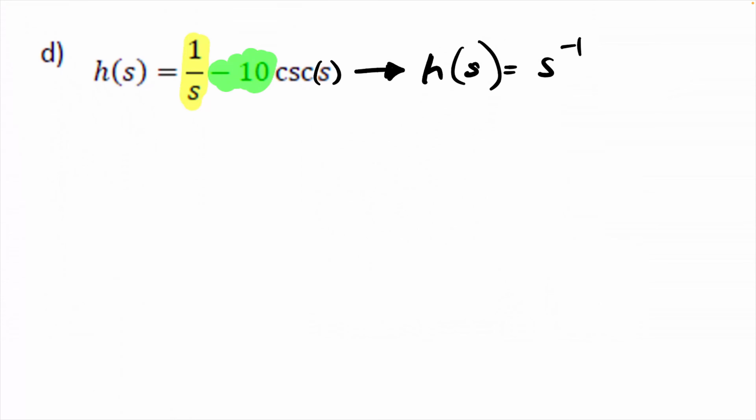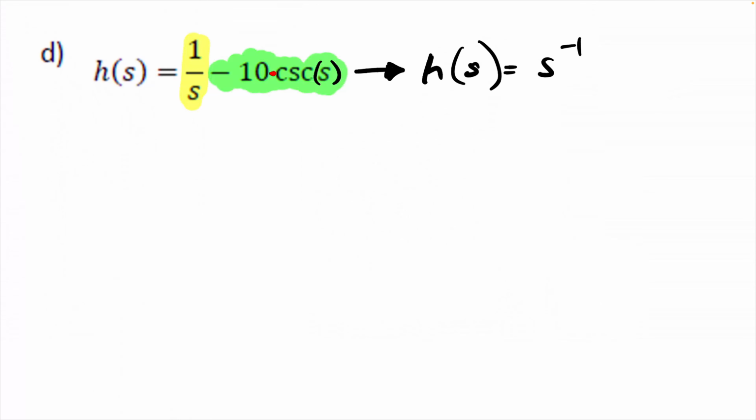Okay, and then I have this, the green part. Do I use quotient or a product rule? Do I have to use the product rule for the green? No, good. This is one of the hardest things for students to get a handle on. They think because you're multiplying here, you have to use the product rule. No, why not? Why can't I just use power rule for this? Because 10 is the coefficient.